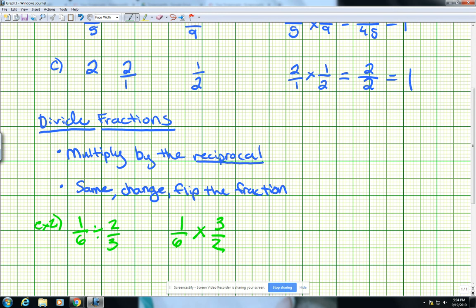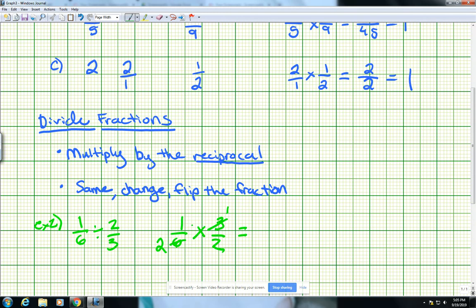Now that we have this done, we can use our multiplication strategies from the previous lesson and just multiply straight across after we simplify. I noticed that 3 and 6 can actually be divided by 3. So I'm going to cross out the 3, and 3 can go into 3 one time. I'm going to cross out the 6 because 3 can go into 6 two times.